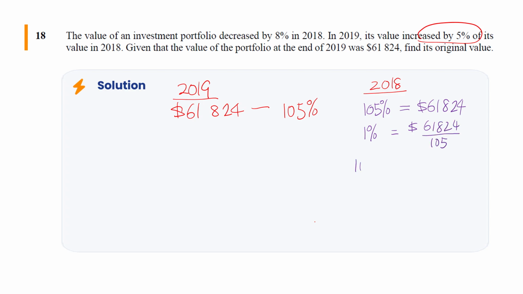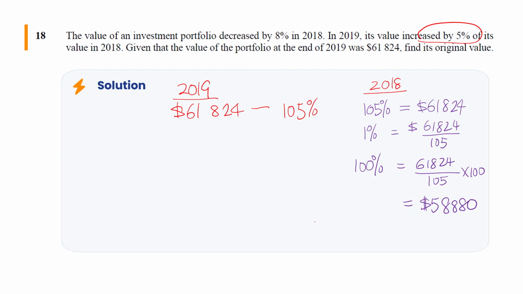Then 100% will be 61,824 divided by 105, times 100. That gives you 58,880.